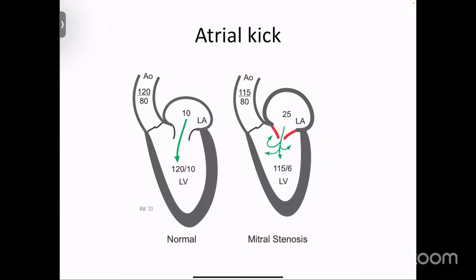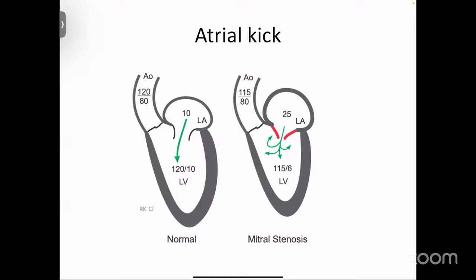And in cases with a more severely stenotic valve or a smaller area, there is an increase in the left atrial pressure. You can appreciate here the normal pressures, where the left ventricle is approximately 10, with a mean gradient of 20. However, in severe mitral stenosis, the stenotic valve will cause the left atrial pressure to reach about 25.